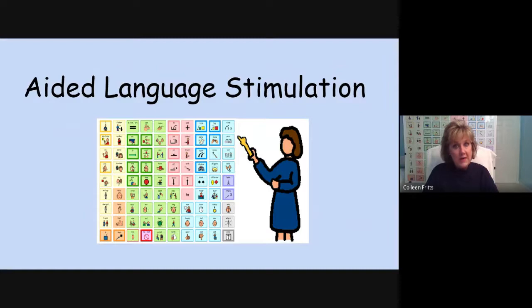But do they just automatically know how to do it? Well, no, they don't. So just like learning a foreign language, it's important for your communication partner that knows the foreign language to use the foreign language, model the foreign language so you can begin to learn it.